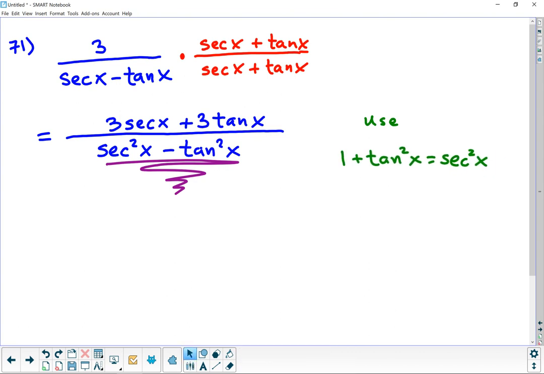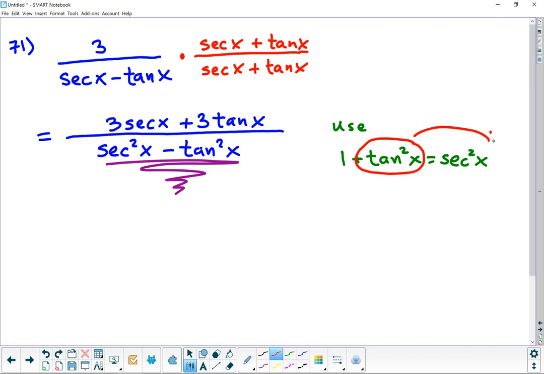So we're going to take this positive tangent square x and move it over to that side. Okay, so we will get a trig identity of 1 equals secant square x minus tangent square x.